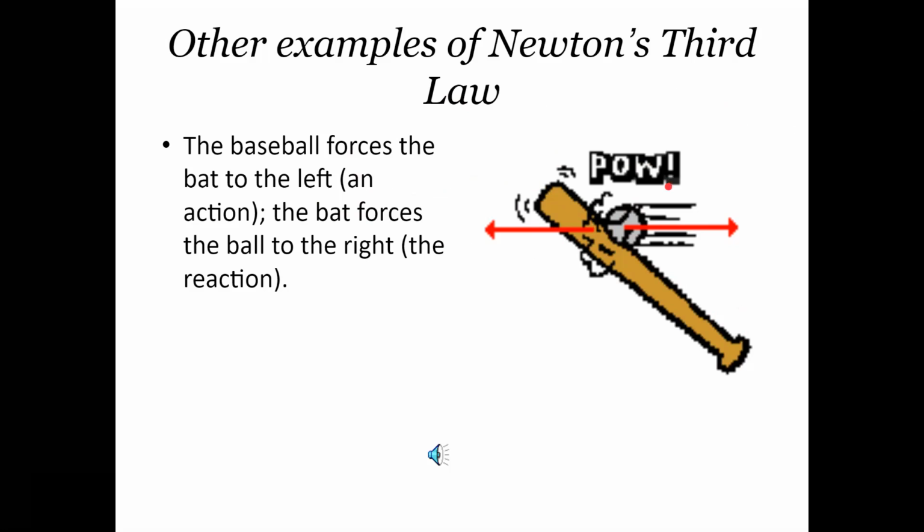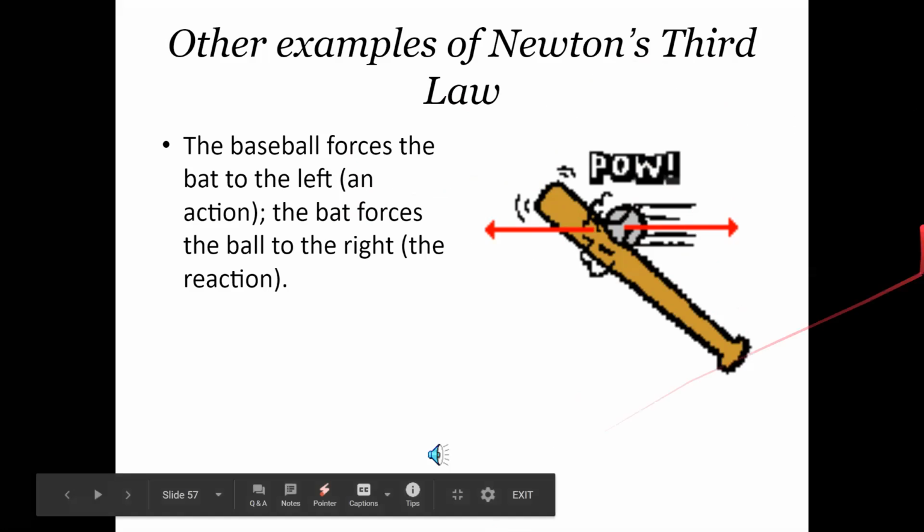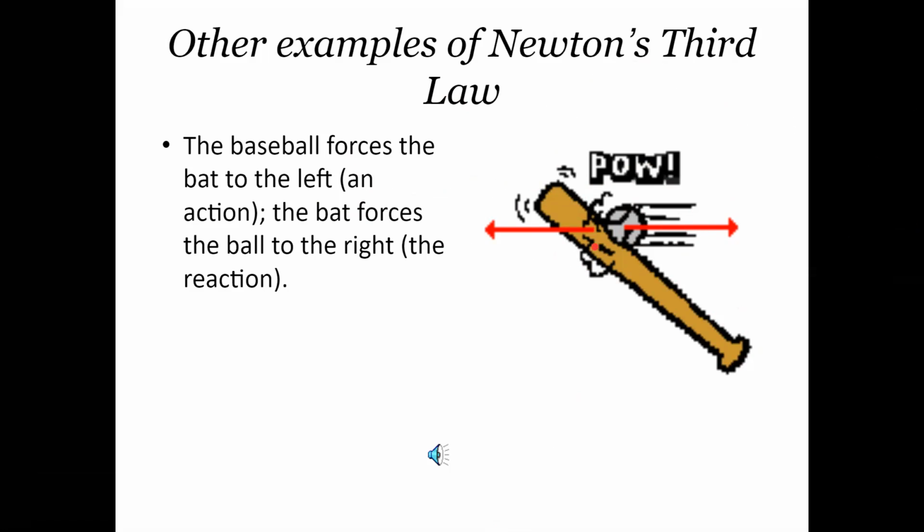So the ball forces the bat to the left a little bit. You swing around, it hits, and then the bat comes back a little from all that force, and the ball zooms off to the right due to the force from the bat. So equal and opposite reactions going on with each other again.